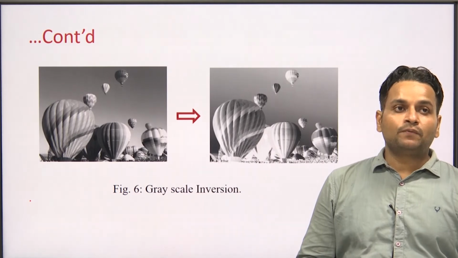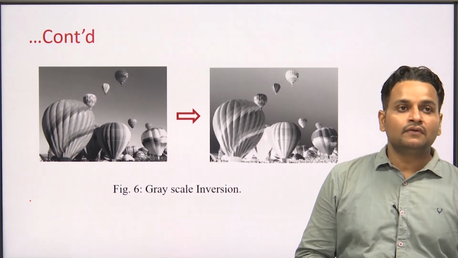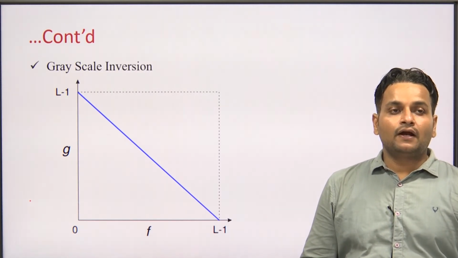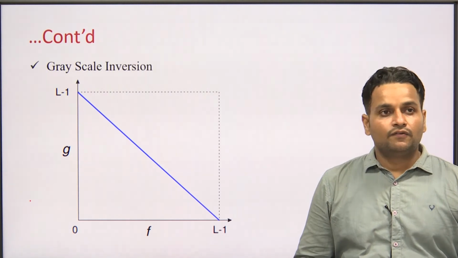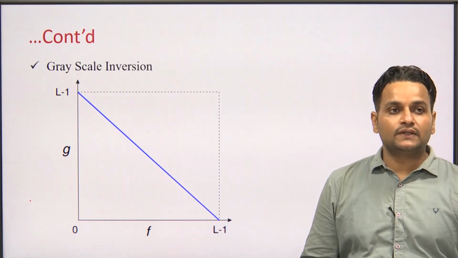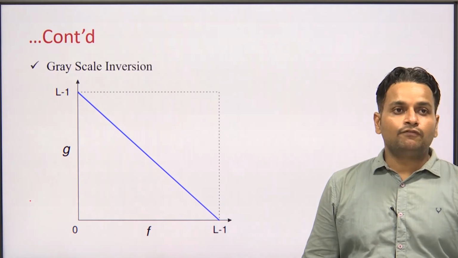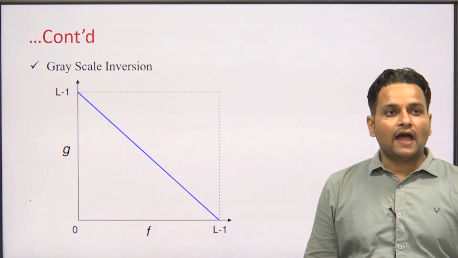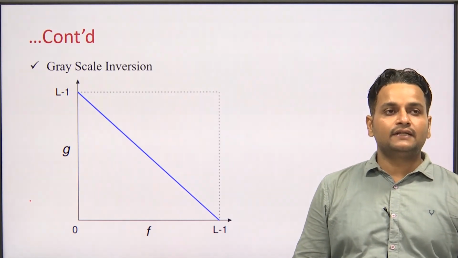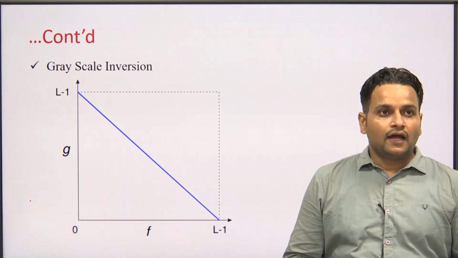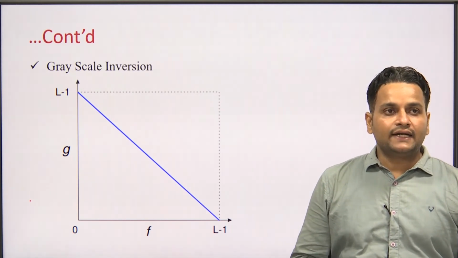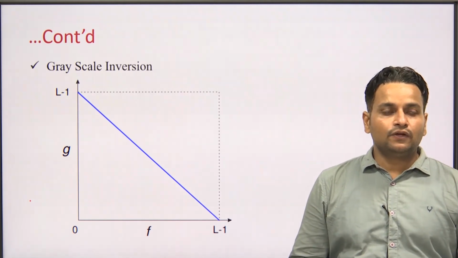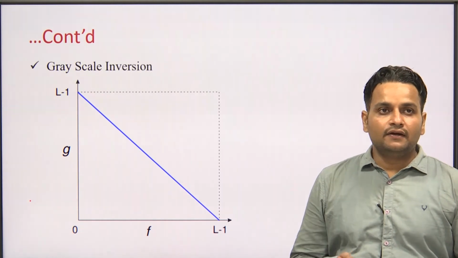So, your black portion will become white and white portion will become black, because if you observe in this function, where f is 0, then g is high. Here you can also observe in the equation, if f, which is the original image, is equal to 0, then g is equal to L minus 1, and as you move to the right of f, from 0 to L minus 1, your g will slightly decay.